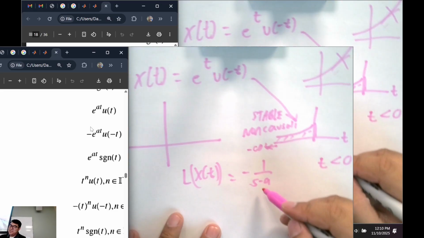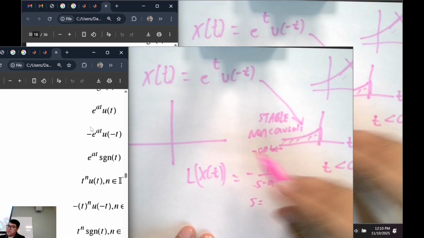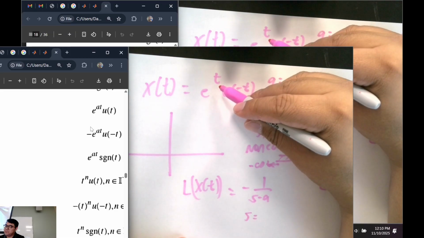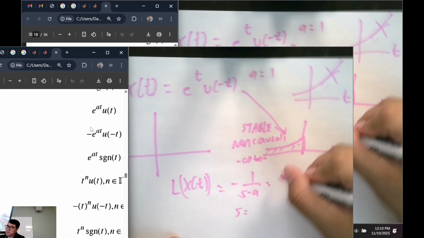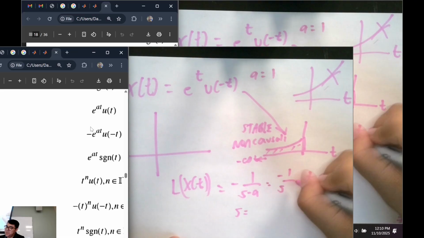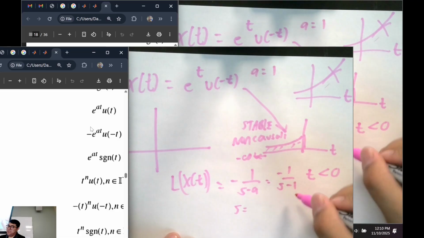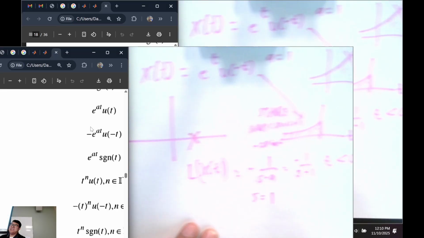But back to this, the pole for this one is going to be at, well, when s is equal to, what is our a? A is equal to 1. That means this is going to be equal to minus s minus 1, right? Is that good? So that means our pole is going to be at 1, right? So our pole is going to be right here, correct?